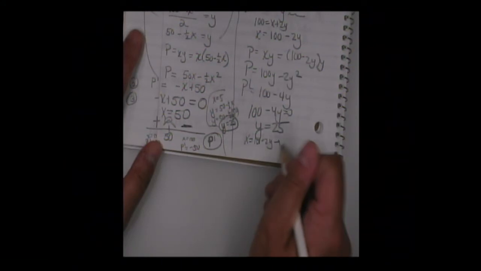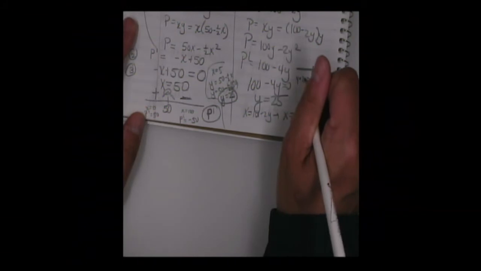And if we went back in, right, x is 100 minus 2y. So x is again 50. Good. It checks. And again, we would want to make our sign bar, but this time you put the 25 on. That's what we found when we took the derivative.